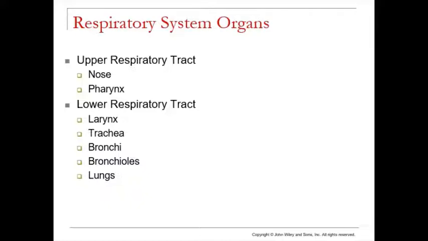While the lower respiratory tract, again is telling you the name, it's more inferior in the body, lower down. But still in your upper body, just below or lower or inferior to the upper respiratory tract. And lower down in the lower respiratory tract, we'll see a couple more organs.